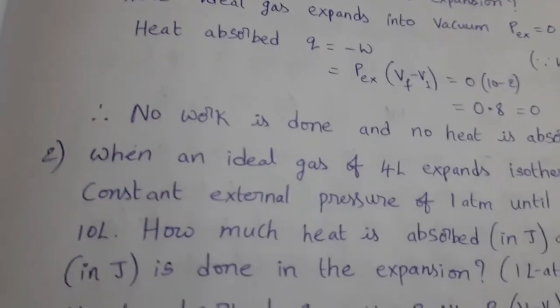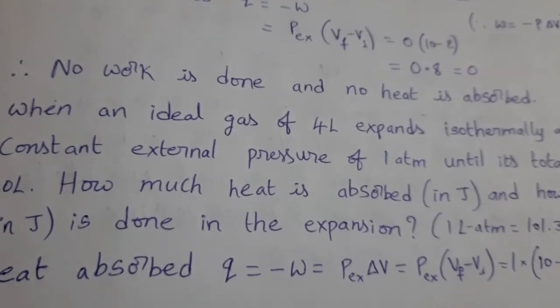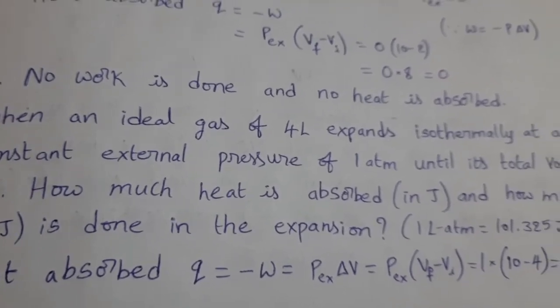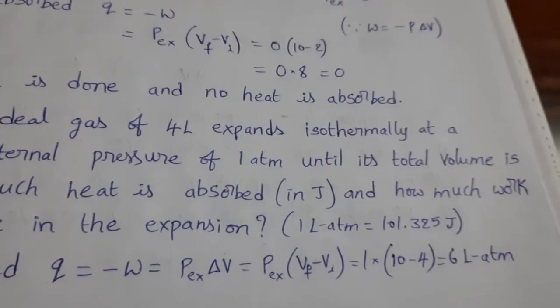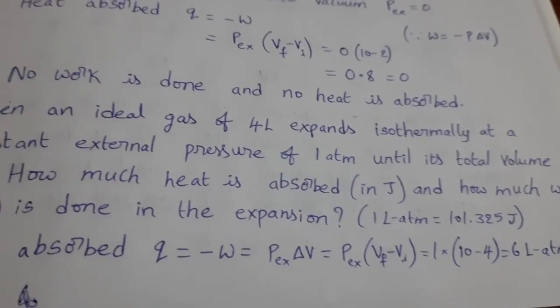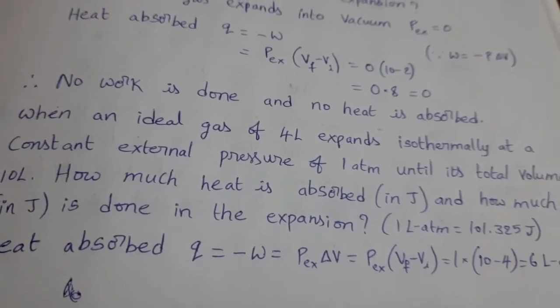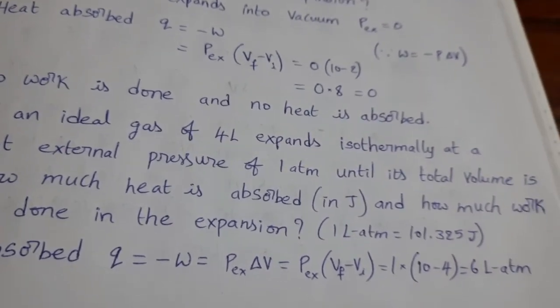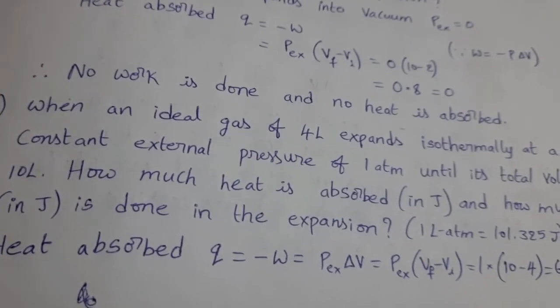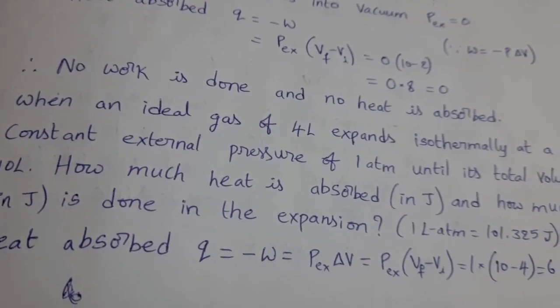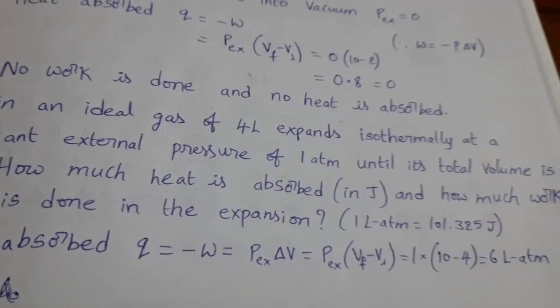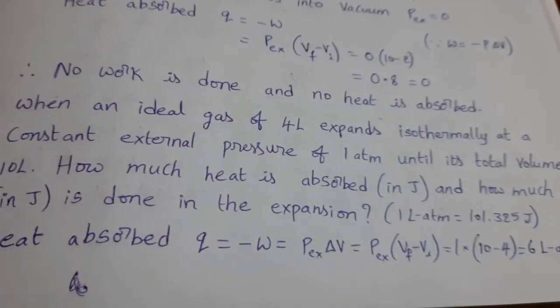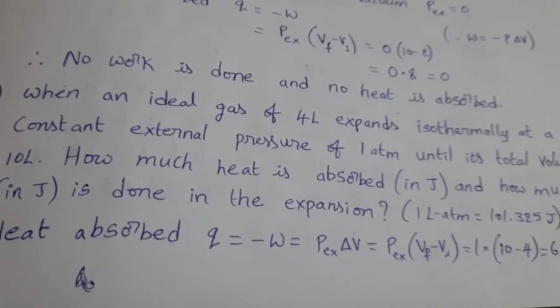See the next one. When an ideal gas of 4 liters expands isothermally at a constant external pressure of 1 atmosphere until its total volume is 10 liters, how much heat is absorbed in joules and how much work is done in the expansion?